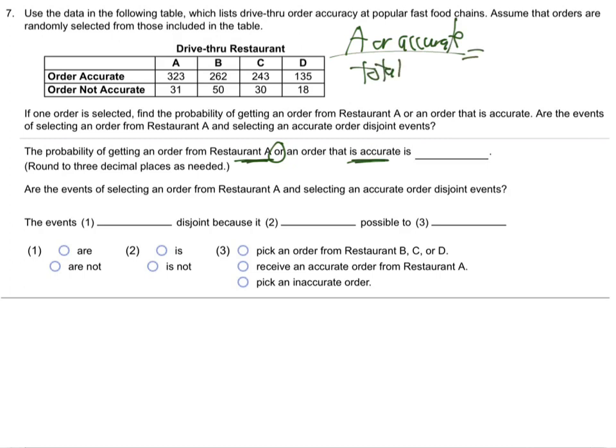Now how do I do A or accurate? Well, these ones would be A. And which other ones are accurate? These ones. That would be the top. See how all those ones I've circled are either restaurant A or they're accurate. Because the top row is accurate. So then we just add this up. Those all add up for the numerator. And the denominator is still the total.